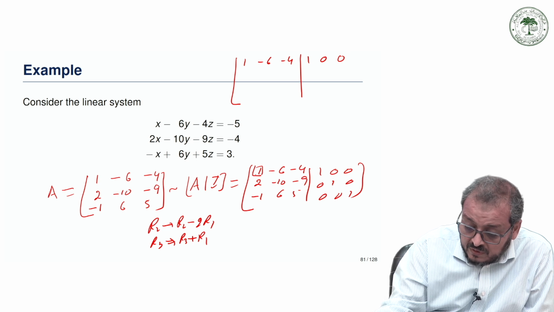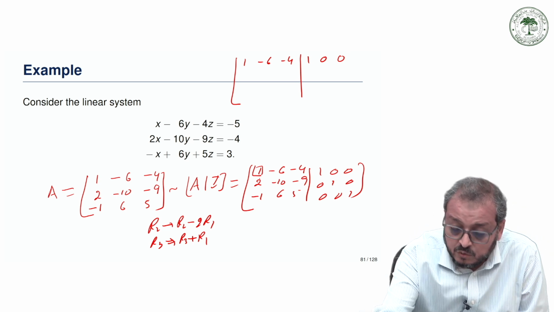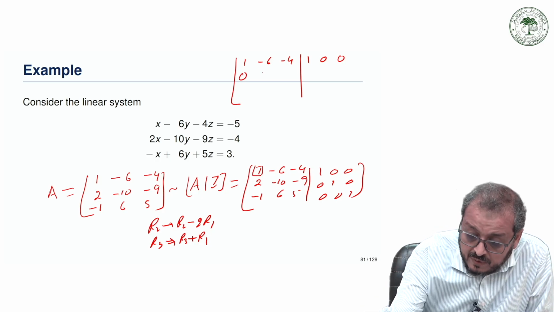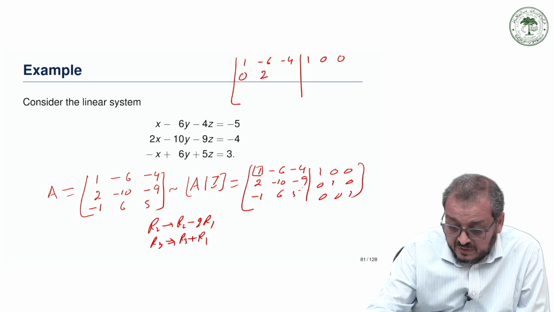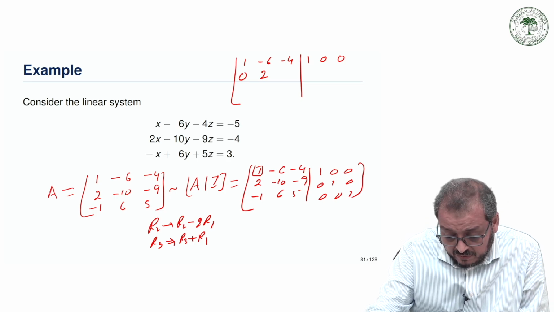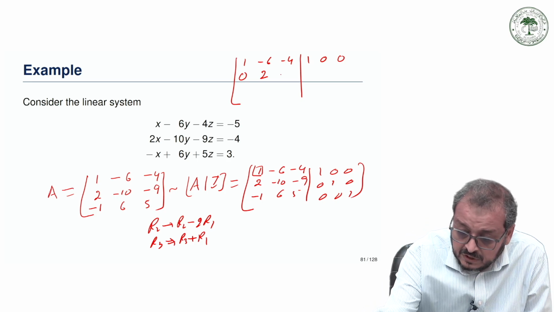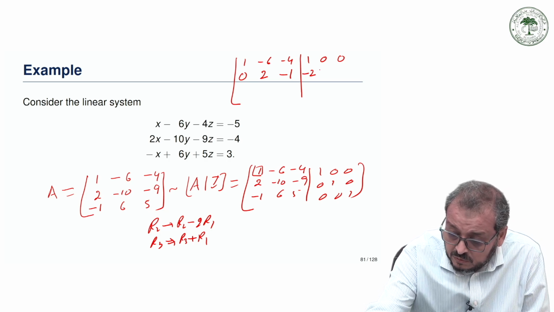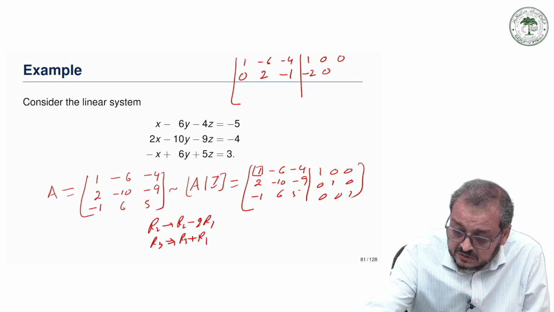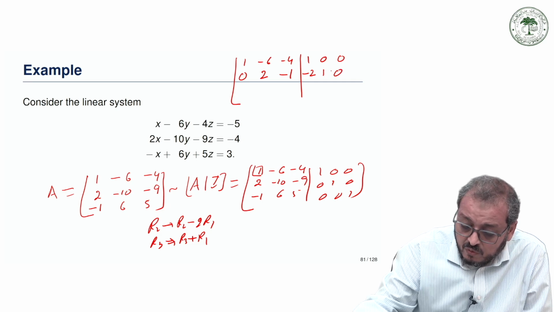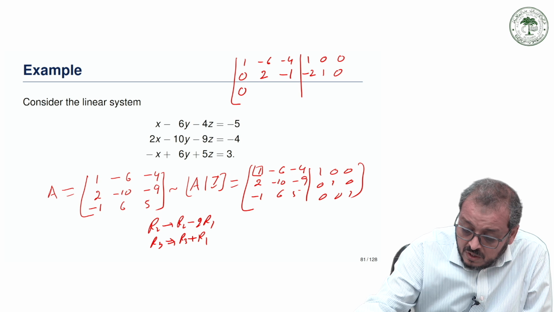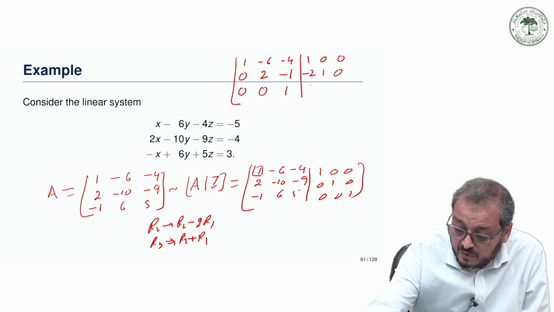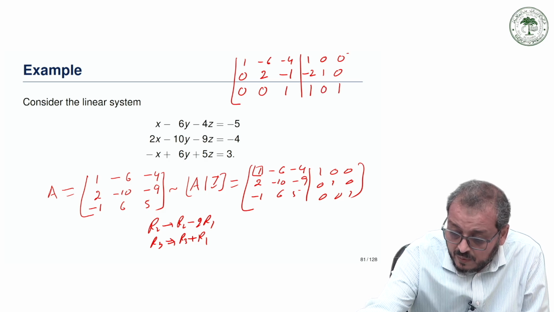Minus 2 times the first row gives 0; then minus 10 plus 12 is 2; then minus 9 plus 8 is minus 1; and then minus 2, 1, 0. Adding the first and third rows: 0, then 6 minus 6 is 0, then 5 minus 4 is 1, and then 1, 0, 1.